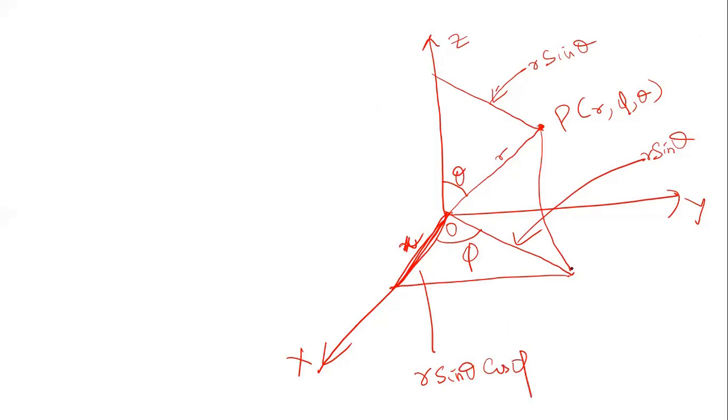If you draw a perpendicular here, this is your corresponding y coordinate, which will be r sine theta sine phi.